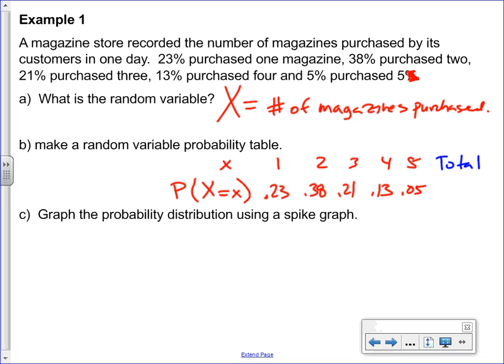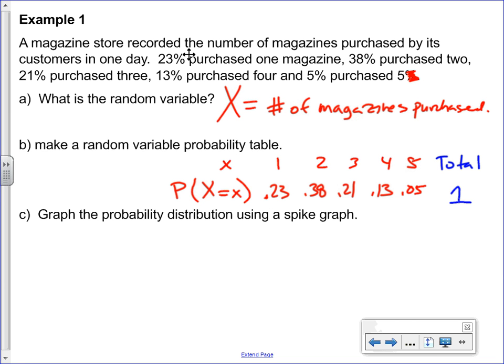It is 1. That's a probability table. If you're going to do a probability IA, you probably want to put a random variable probability table in it.